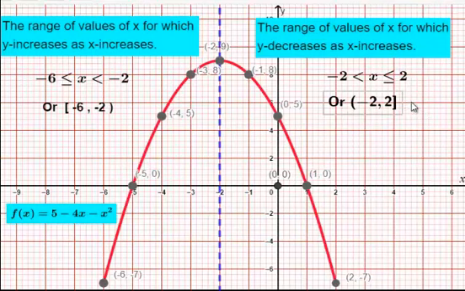Then for the interval notation form, we have open bracket -2, 2 close bracket, where the open bracket means that the -2 is not part, where the close bracket means that the 2 is part of the answer.